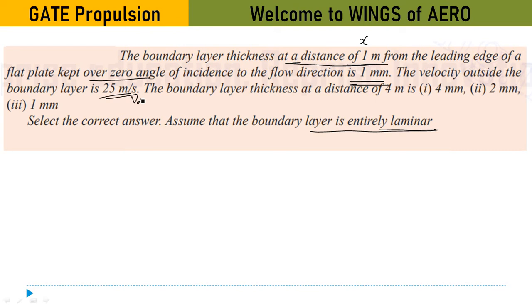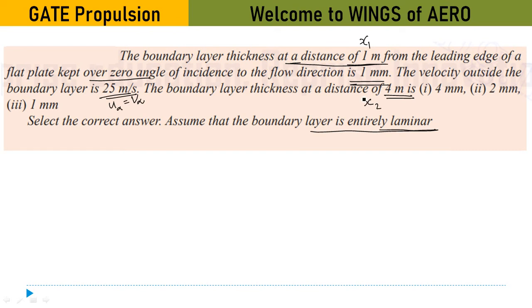Now first of all, you should know the boundary layer formula. As they have said the boundary layer is laminar, you have to use the Blasius solution, 5x by root over of Re suffix x, right?